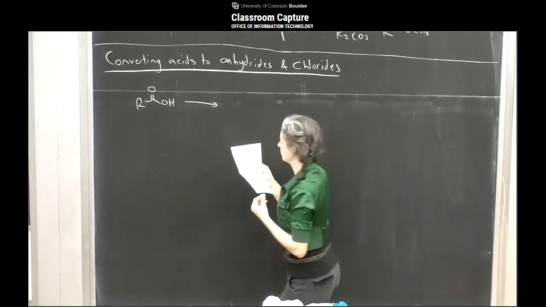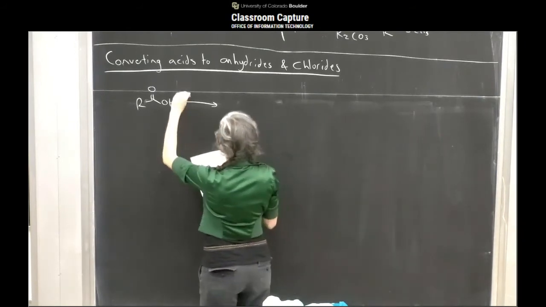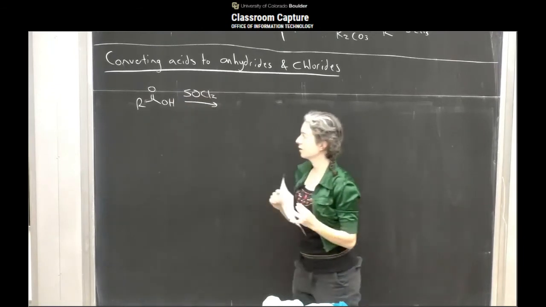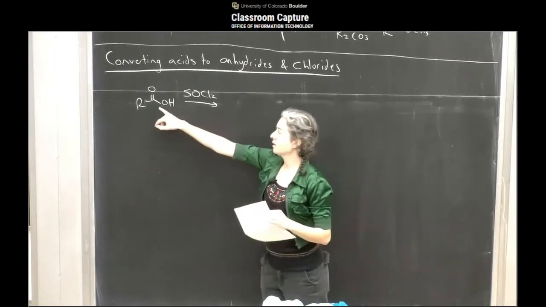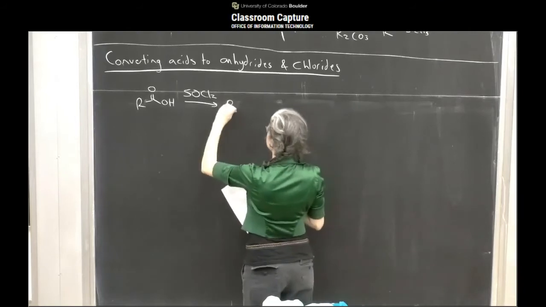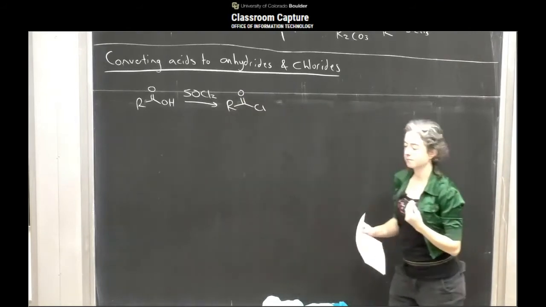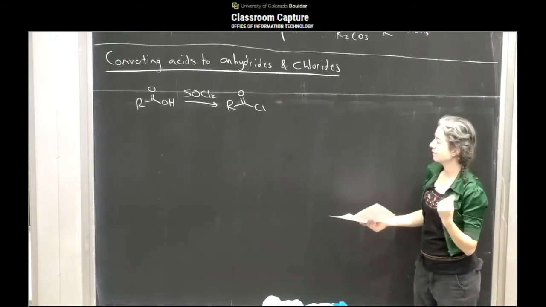For the chloride, we obviously need to have something with chlorine in it. Easiest option is actually something we've seen from way back. If you remember in chapter 10, I think it was, when we took an alcohol group, used SOCl2 and converted it to a chloride. Turns out that actually works for acids too. You can convert the OH group of an acid into a chlorine, which turns it into an acid chloride if you use SOCl2.